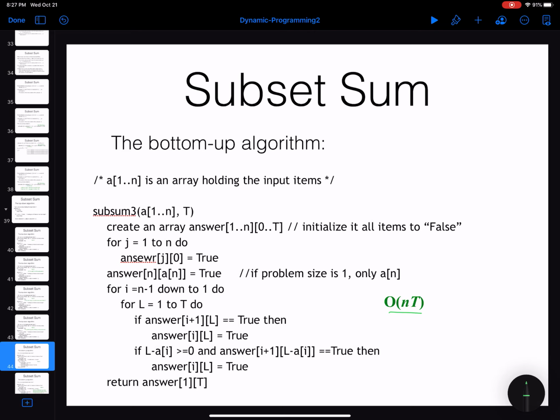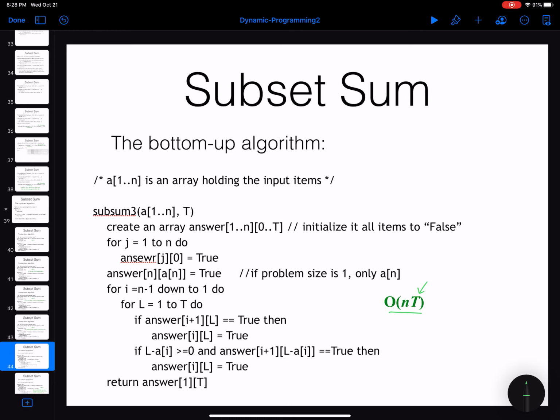So there is something about this type of algorithm, which are n times t. You might say that this is going to be polynomial, but we don't call them polynomial time algorithms. We call them pseudo-polynomial algorithms. The reason is you have this term t in your time complexity, which is going to be the input of your algorithm.